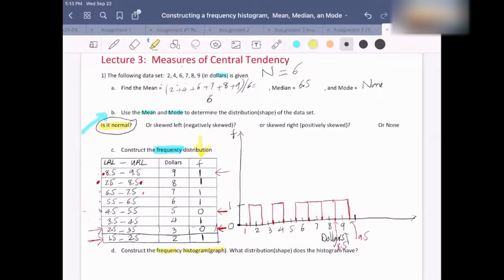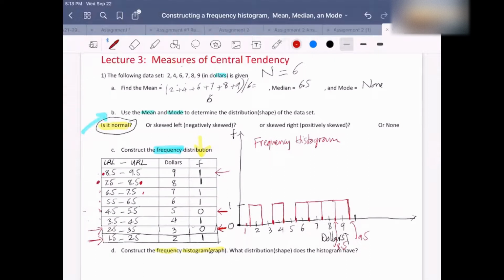Type in the chat for me. What is the shape of this histogram? This is called the histogram, everyone, the frequency histogram. What is the shape of it just by looking at it?